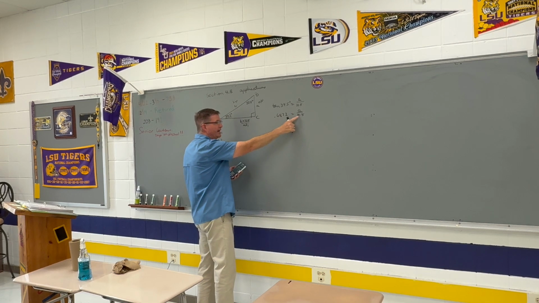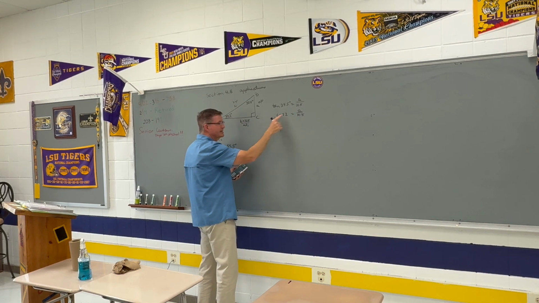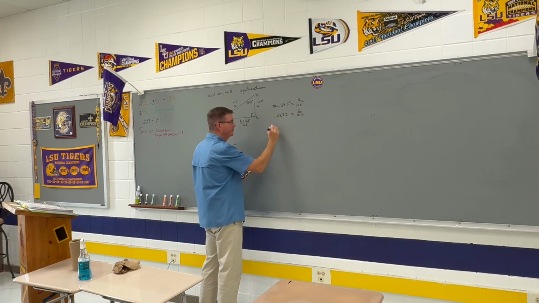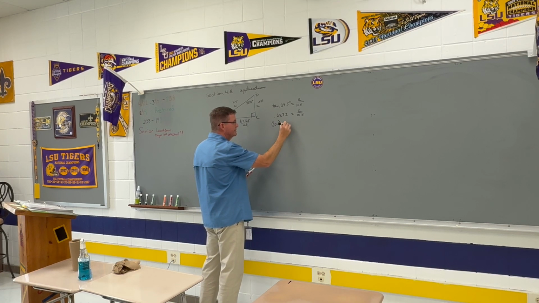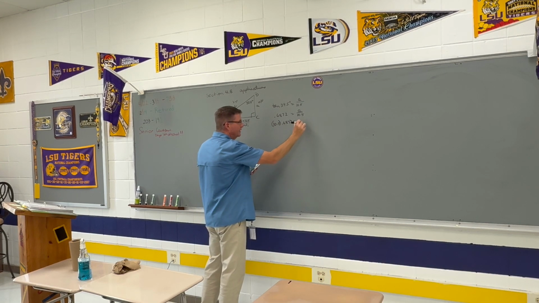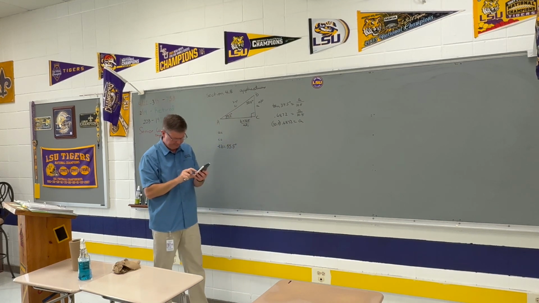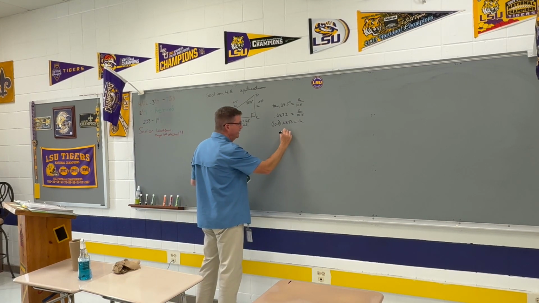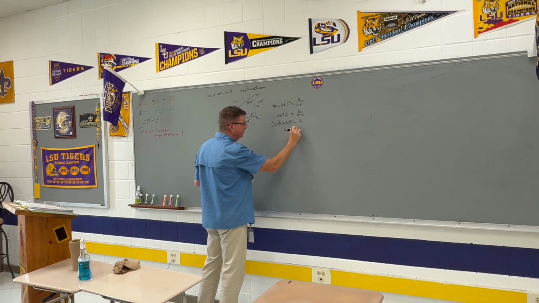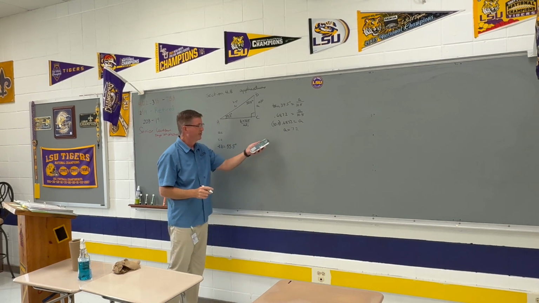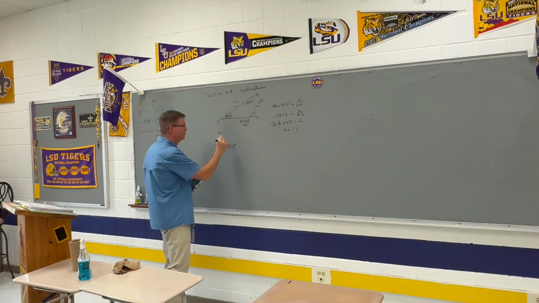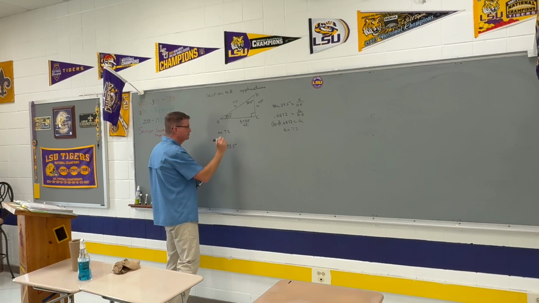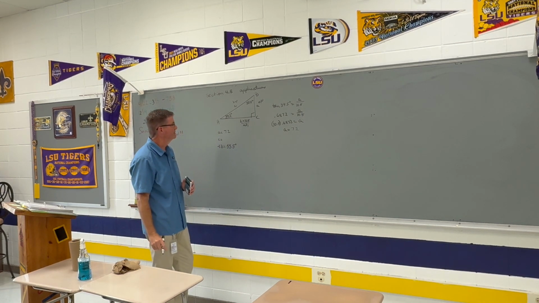Multiplying both sides by 10.5, we get 10.5 times 0.6872, giving us little a, which is approximately 7.2. I'm going to label it with one decimal, so 7.2 is what we have for a, the opposite side.